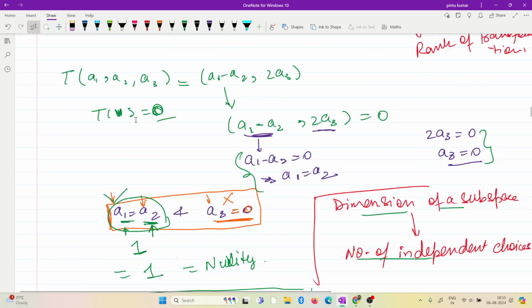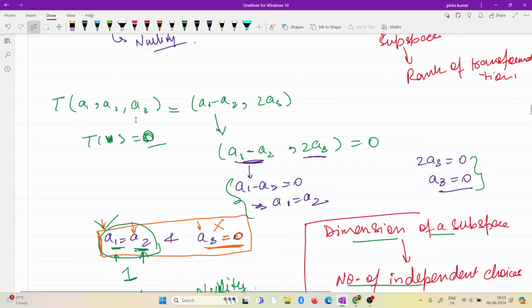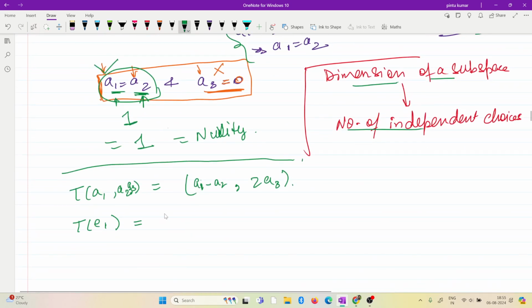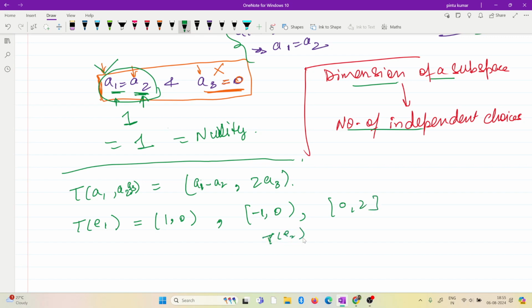Where did we shift that? Okay, I erased that. Wow. So T of E1 would be (1, 0), right? Then it would be (minus 1, 0), then it would be (0, 2), right? This is T of E2. I hope now you can see what I'm doing.